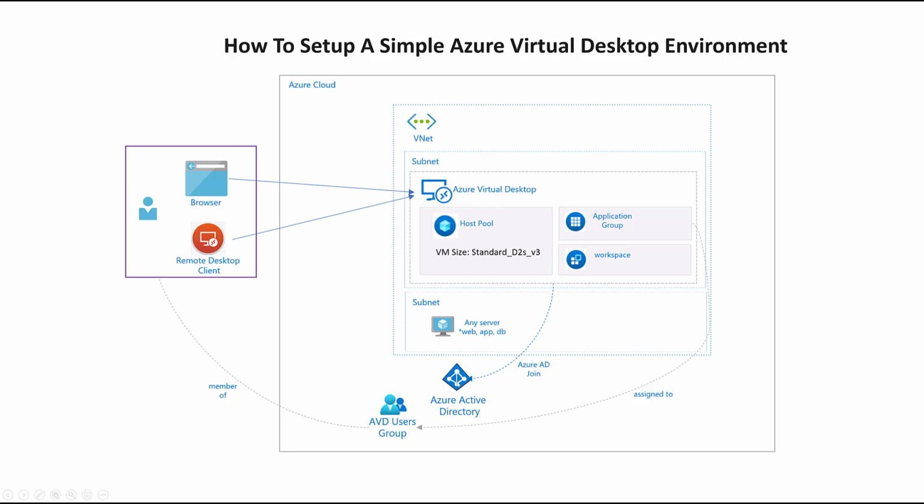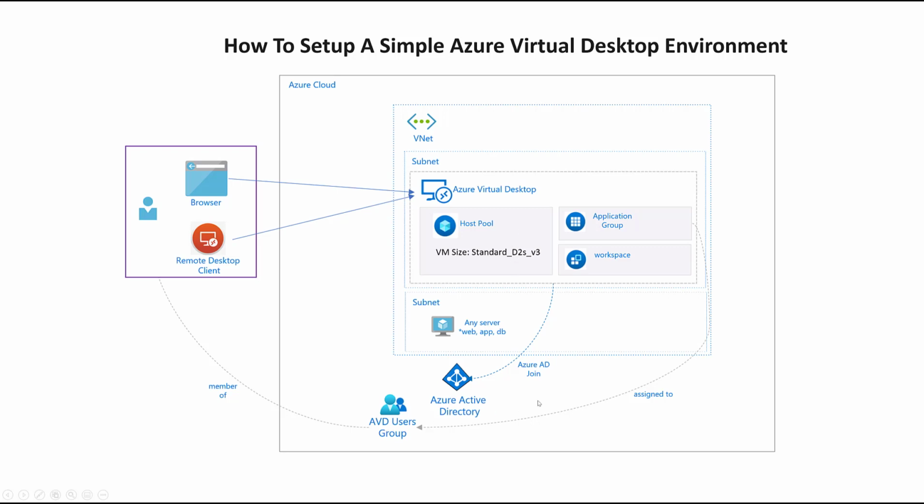So next is Azure AD joined, as opposed to Active Directory joined, which is more involved and complicated. But for a basic environment, this makes it a lot simpler. And then next I have an Azure AD group, where I place test users that will log into the virtual desktop.